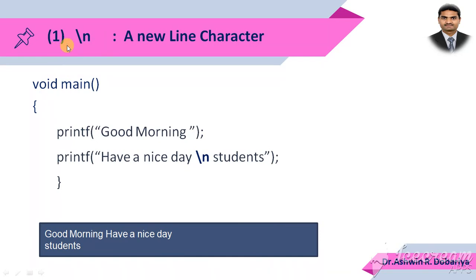The first is \n, and this is mostly used in C programs. Suppose this is our program in void main: printf good morning, and in another printf have a nice day students.